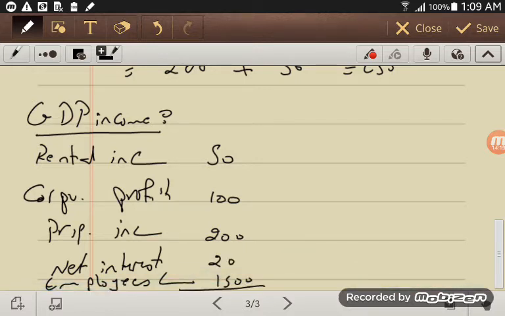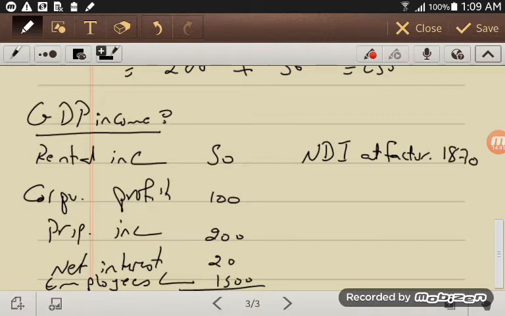We have to add the 5 items together in order to get net domestic income at factor price. $1,870.